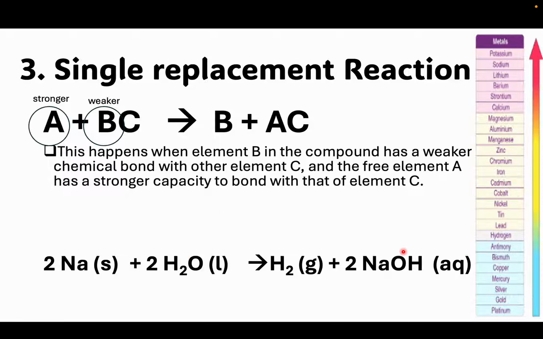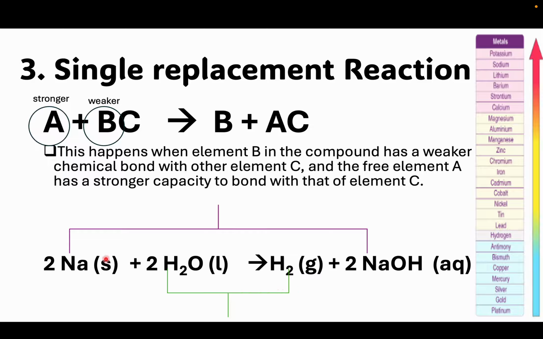So, on the product side, compare the reactant side and the product side. The sodium will be transferred onto the other side. Notice it. And then our hydrogen will turn into the lonely side.